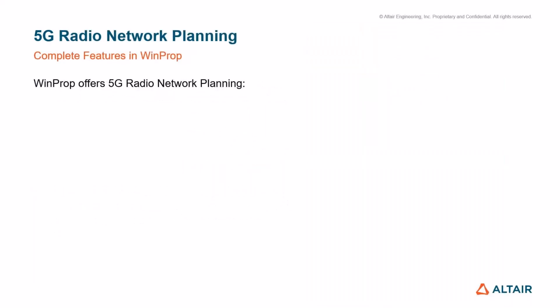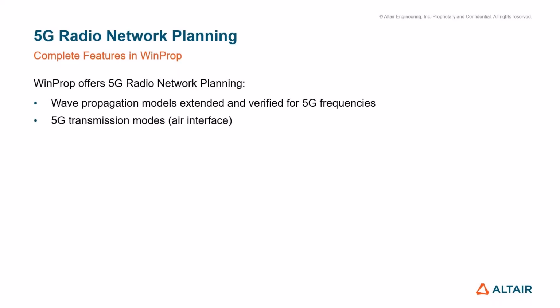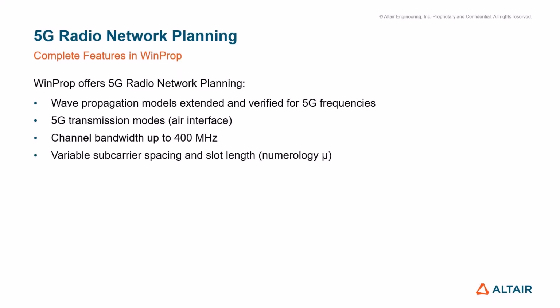Quickly going over the features that we have in WinProp when it comes to 5G network planning. We start with the different propagation models that were extended and verified for 5G frequencies. The 5G air interfaces that are supported allow for a wide range of bandwidth, up to 400 megahertz. And of course, depending on the numerology of the different subcarrier spacings, we can also specify slot length and so on.